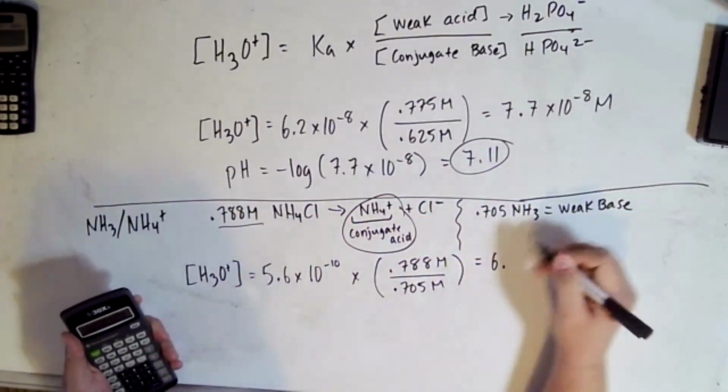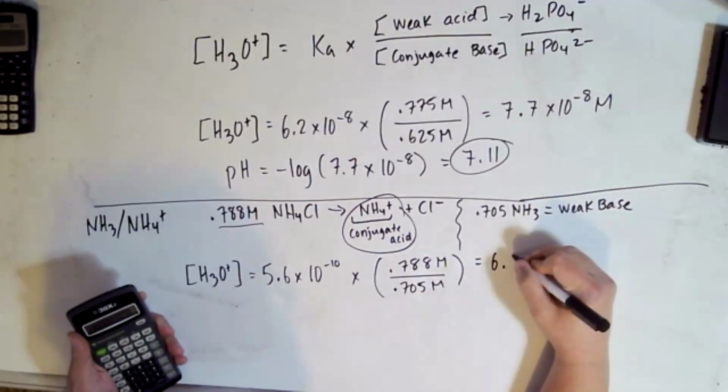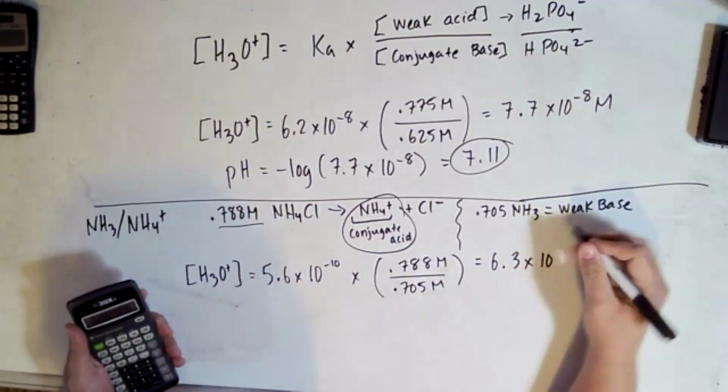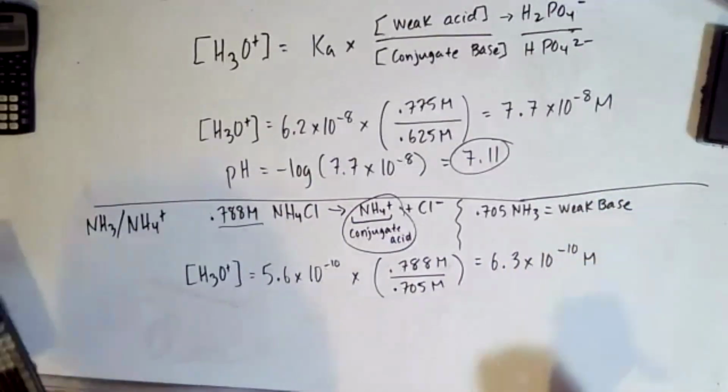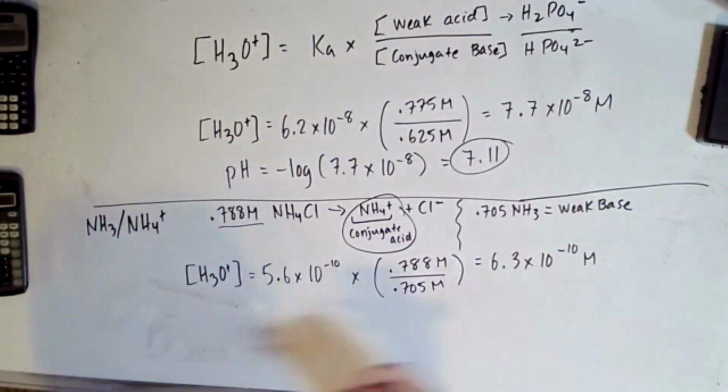And we get 6.3 times 10 to the negative 10 as our H3O plus concentration.